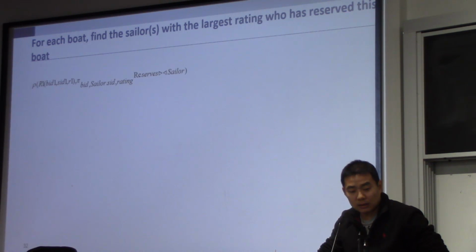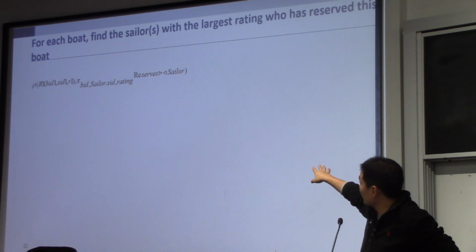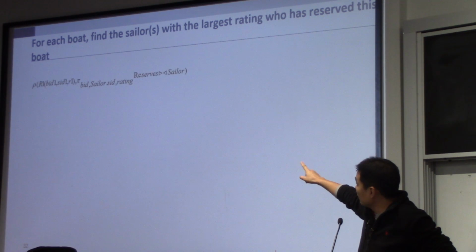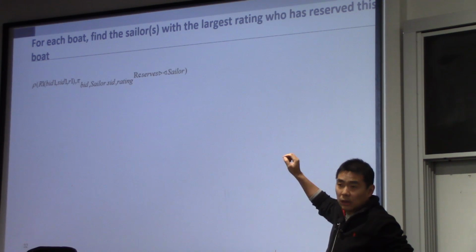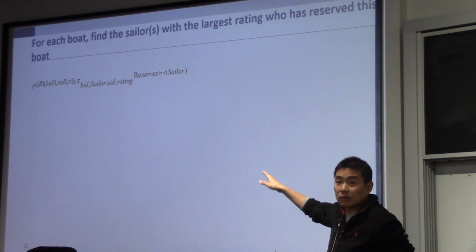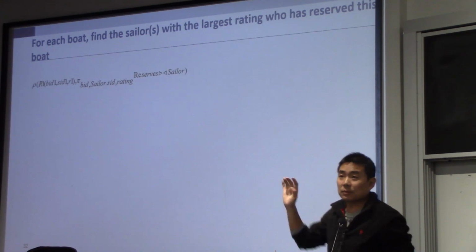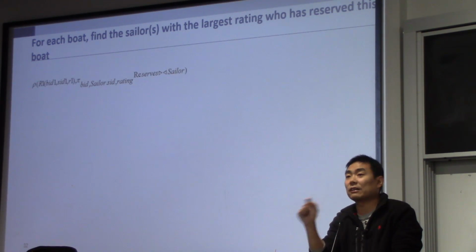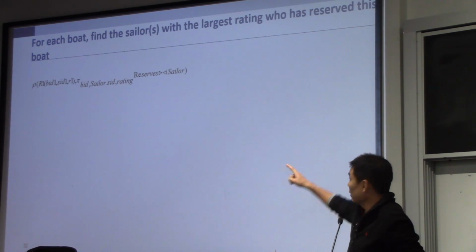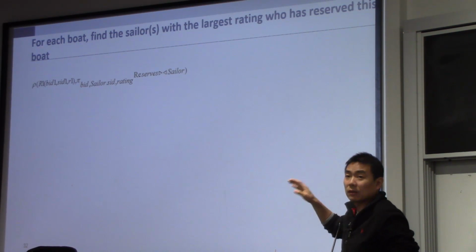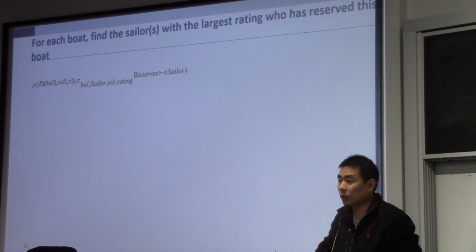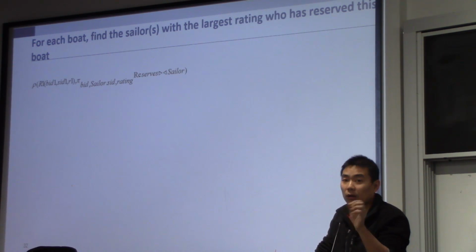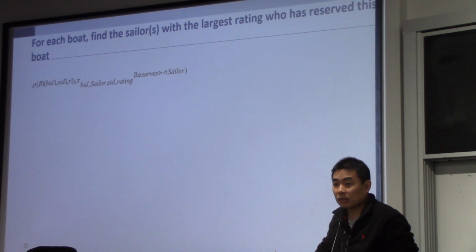Specifically, you do a natural join between reserve and sailor, and project out boat ID, sailor ID, and rating. In this case, I do need to qualify the sailor ID with sailor.sid or reserve.sid. Doesn't matter because it's a natural join. But you need to specify which sailor ID you are projecting out. You don't have to do this for BID and rating because there's only one appearance of those attributes in the output schema, so there's no ambiguity whatsoever, even if you don't qualify them with the name of the schema.